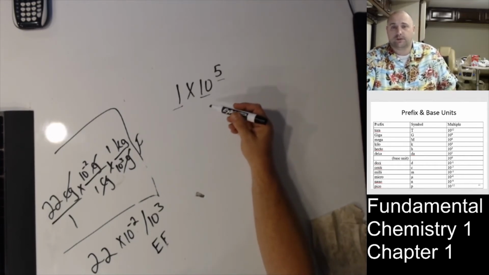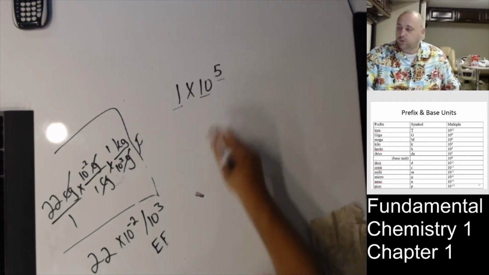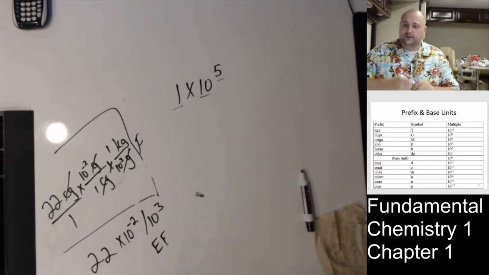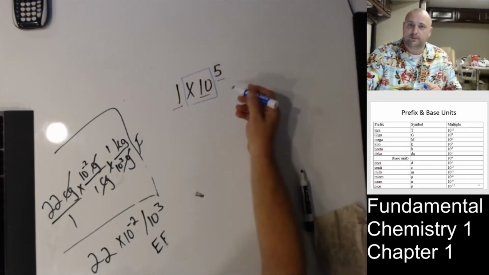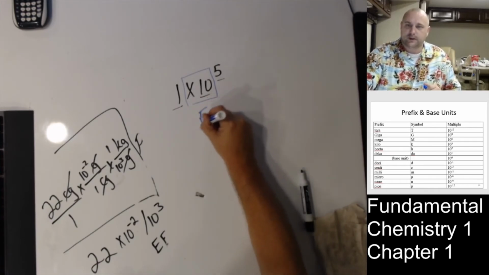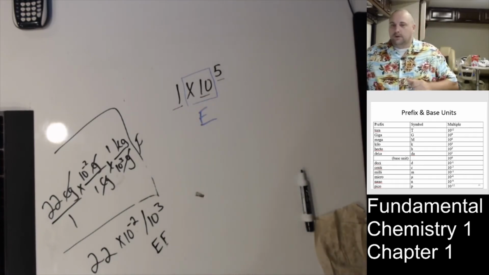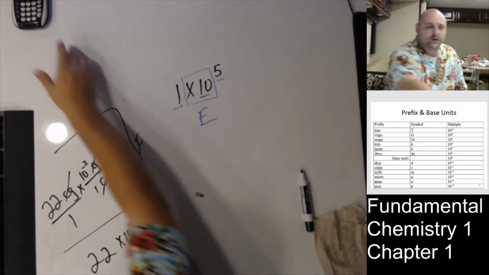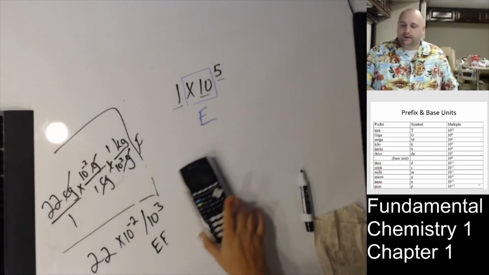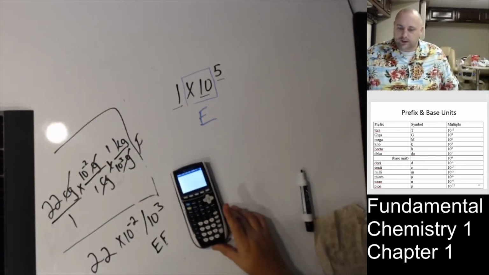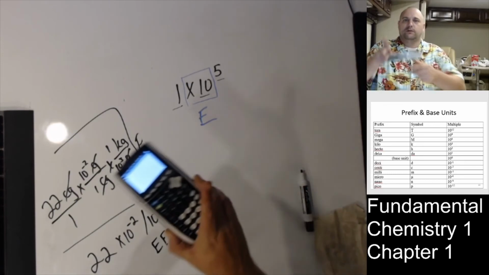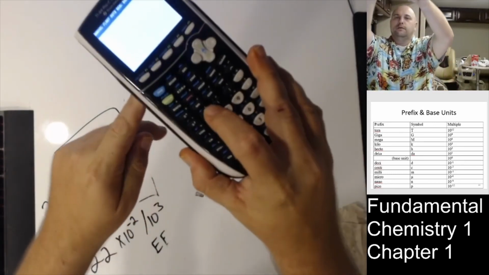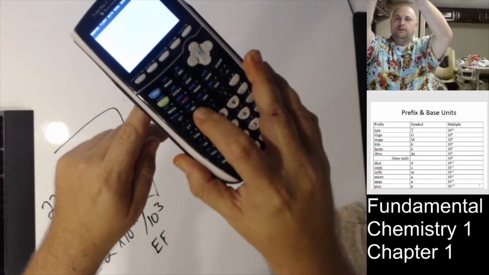There are several different ways of doing it, but what our calculator does is it takes all of this in this box and labels it E. Now, we don't have access to just E, but we have access to EE. So when I turn on my calculator, it's second, and then it's above the 7, right in there.